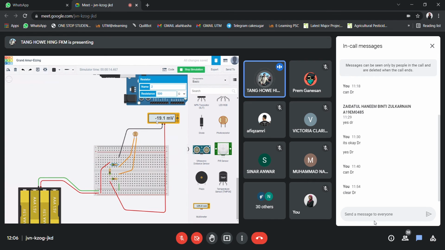500 ohm. So we get a much larger reading, negative 19.1 millivolt. But compared to the complete darkness, we are going to get negative 2.3 volt. Okay.